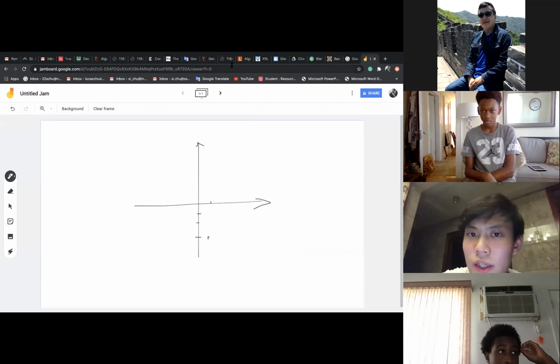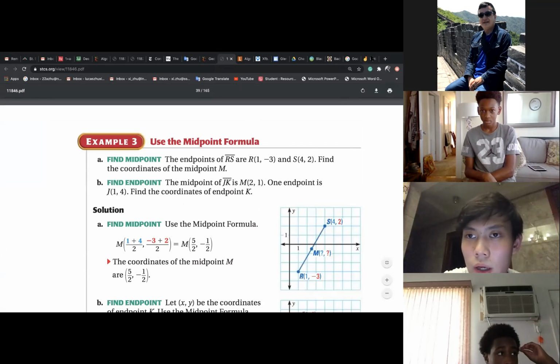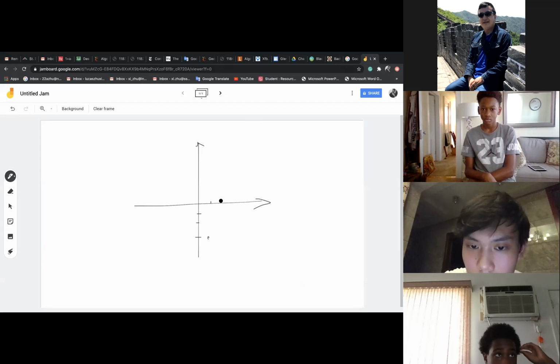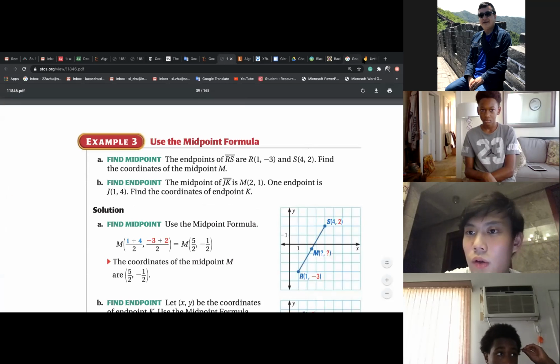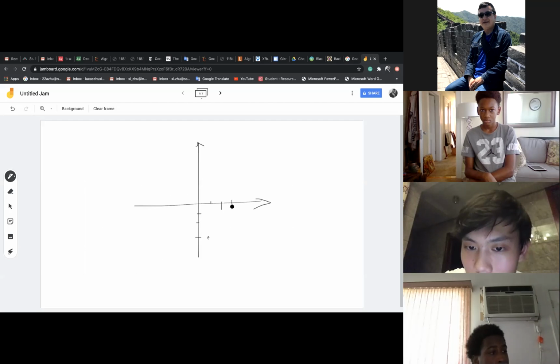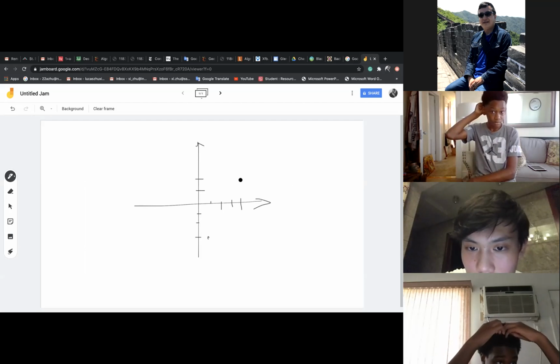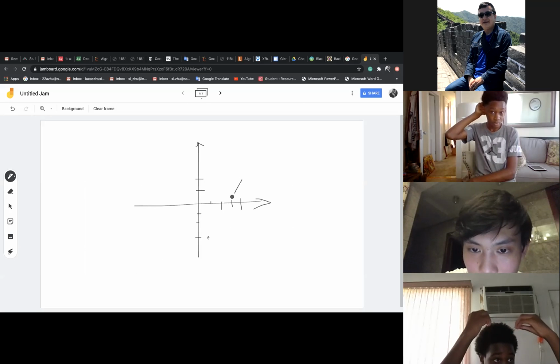And what's the second point? It's 4, 2. 1, 2, 3, 4, and then you go up by 2. Here you see the point, and then you connect them together.